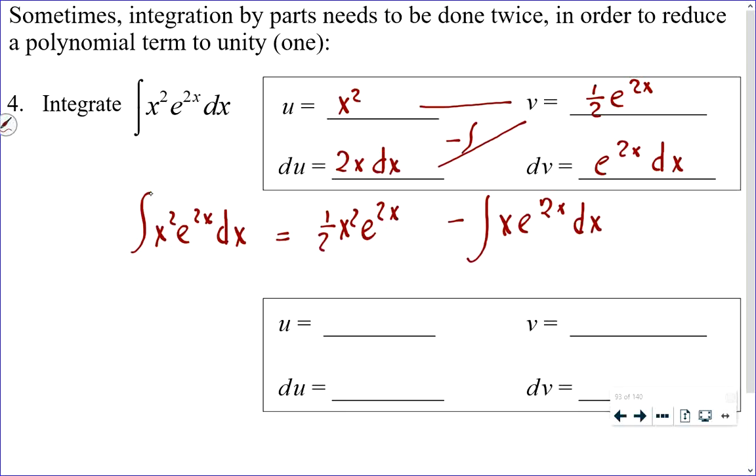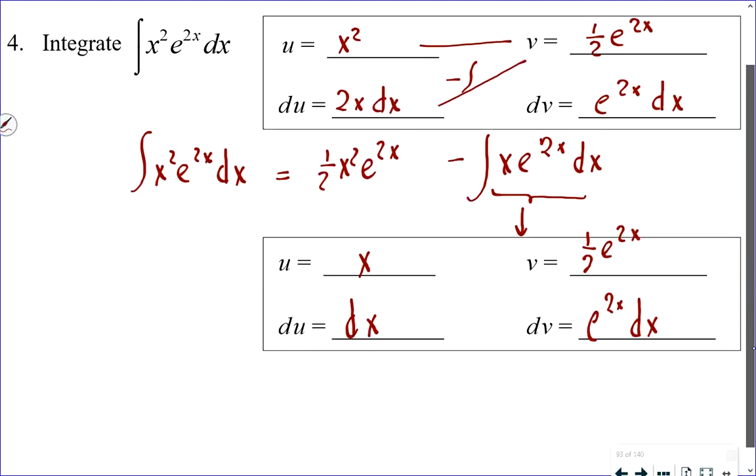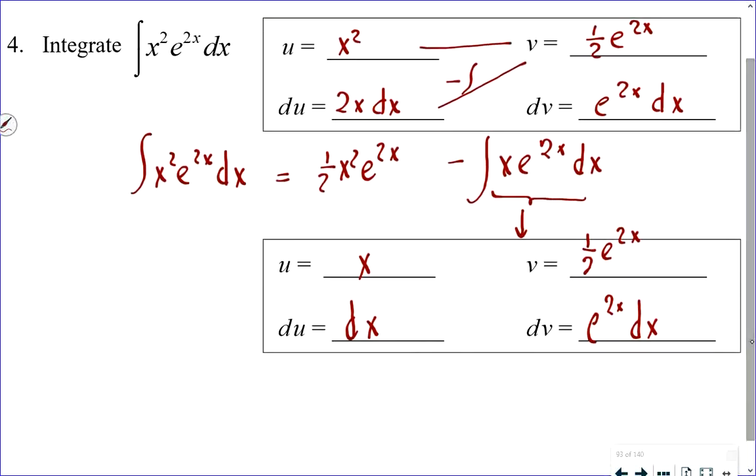What we need to do now is choose, and I'm talking about for this integrand, we're choosing x for u, which means du in this integrand is dx. We're choosing e to the 2x dx for dv, which means v is 1/2 e to the 2x. And the thing that you have to be careful of here is this integral here, everybody.